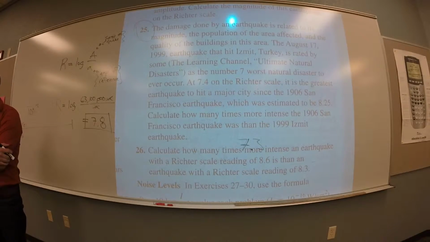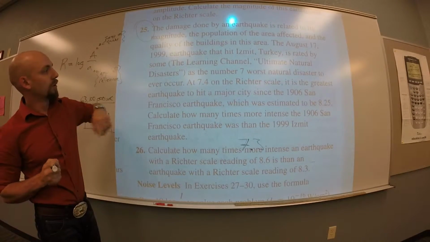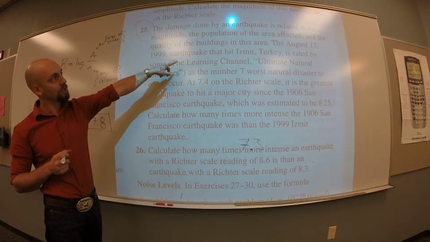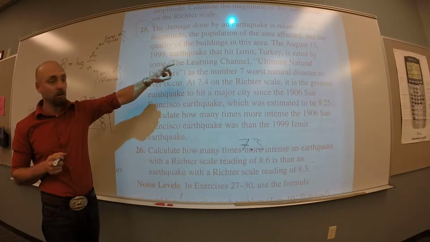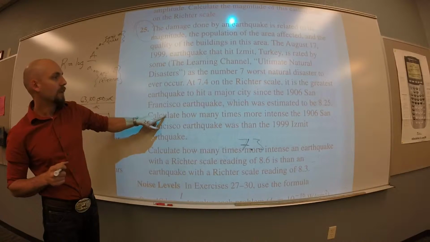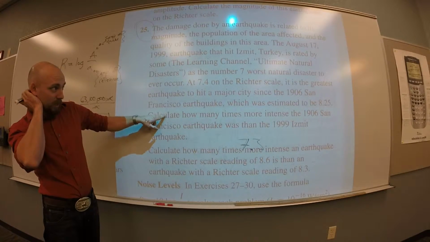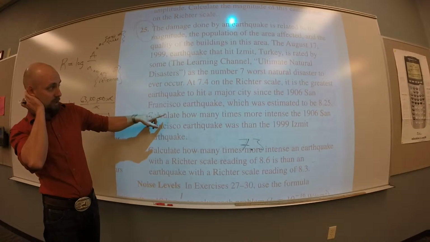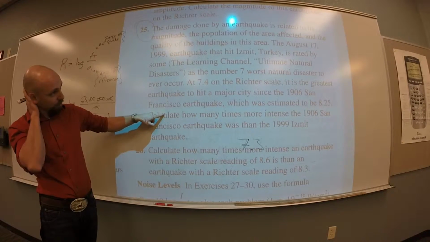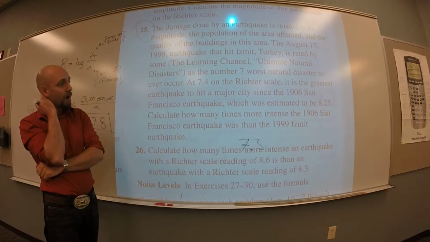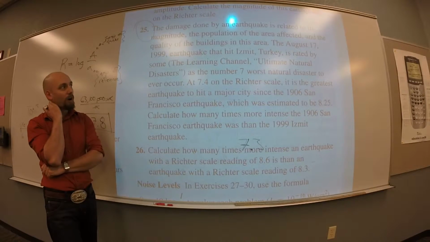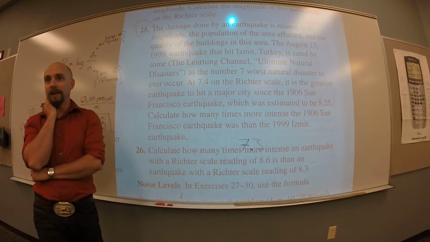So this 7.4 is this earthquake in Turkey, right? And then they're saying, okay, that's the biggest one to hit a city since the 1906 San Francisco earthquake, which was estimated to be an 8.25. Jeez. And now I want to know how many times more intense this was.